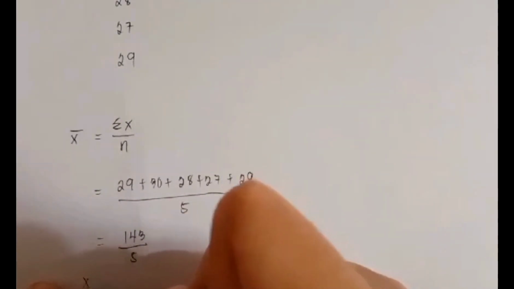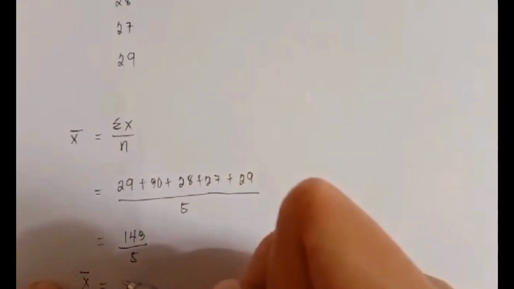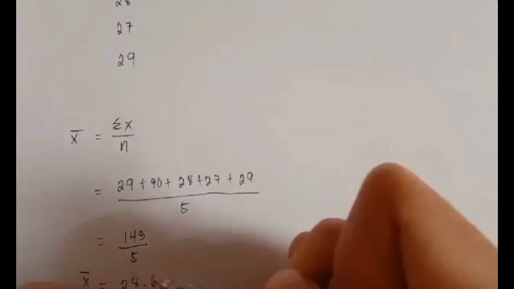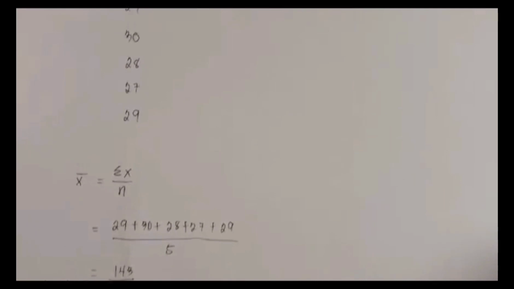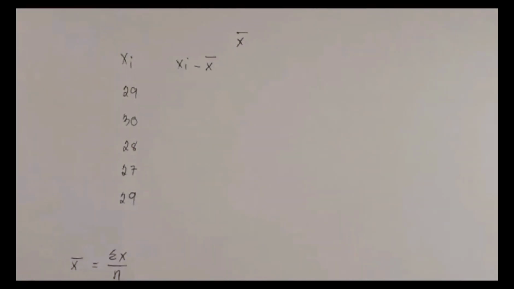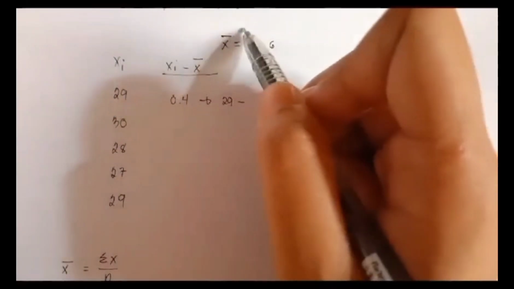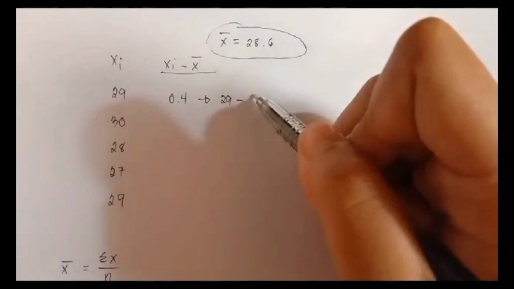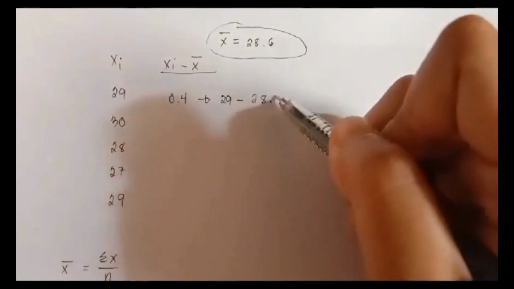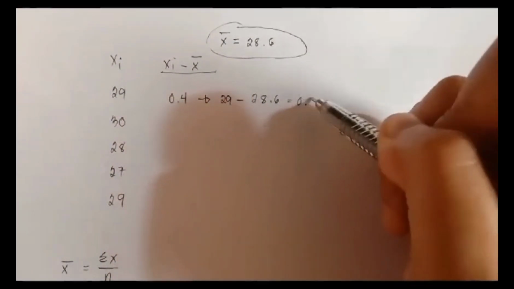So divide, we will get mean equals 28.6. Next, go back to the table and get the x minus the mean, where our mean is 28.6. So 29 minus 28.6 equals 0.4.